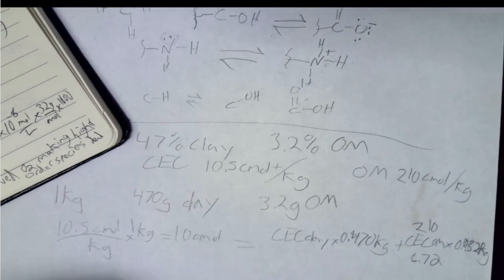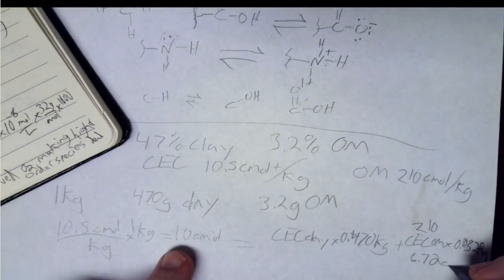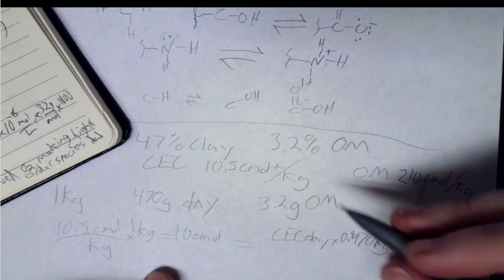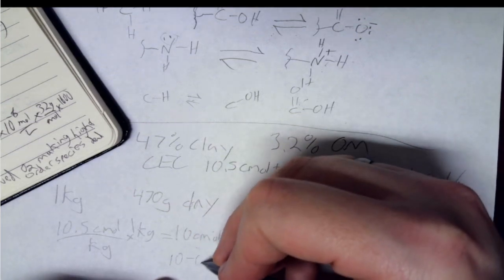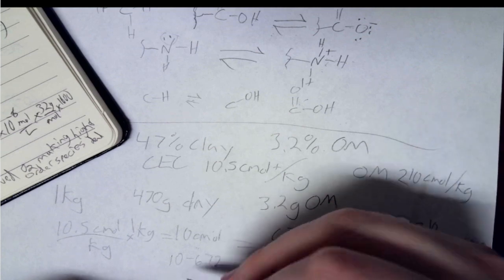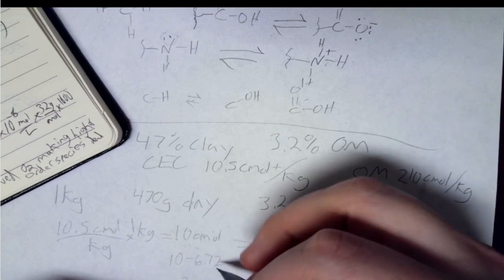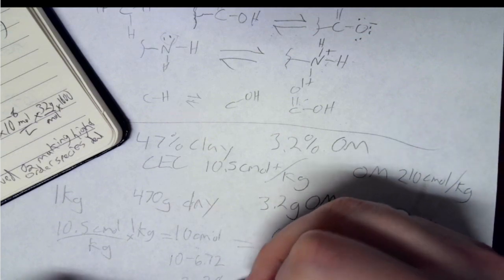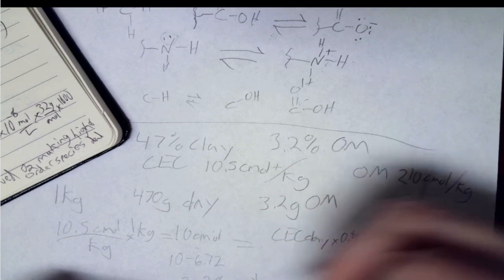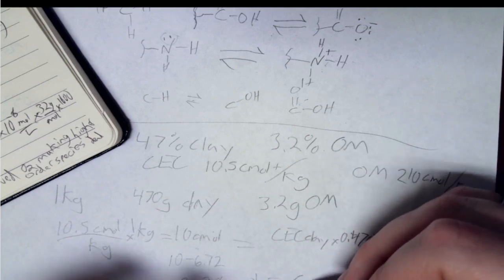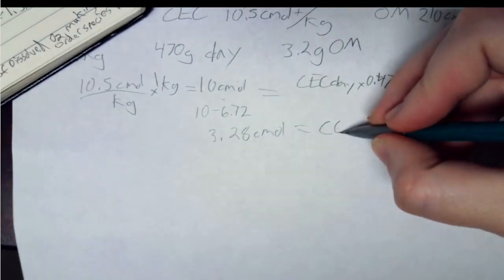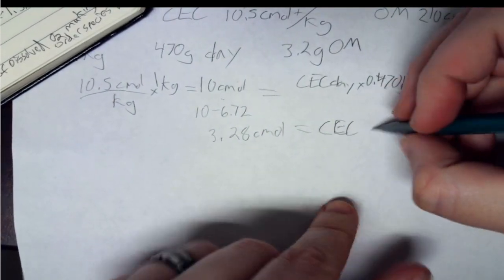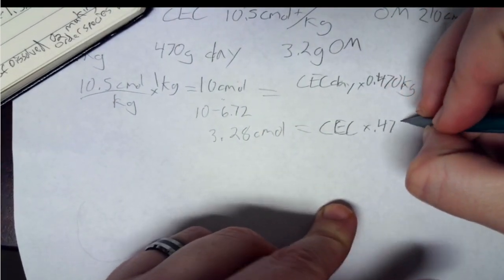That's a contribution of 6.72 centimoles of our 10.5. So 10.5 minus the 6.72 leaves 3.28 centimoles, which equals the CEC of the clay times my 0.470.